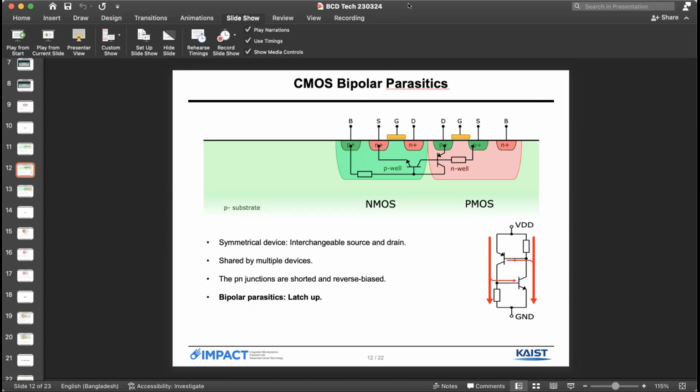I'm just wondering. I'm stopping the screen share. I'm asking because the physical structure of the semiconductor and how you study the circuit are slightly different.